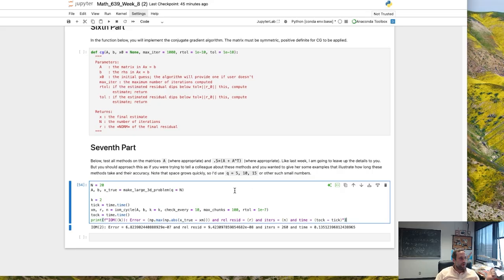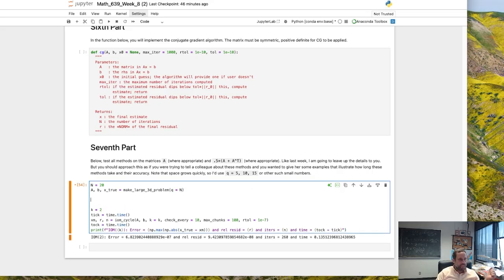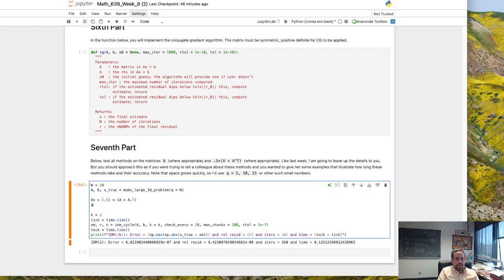All right, so now what I want to do is test the FOM symmetric algorithm. So I'm going to make AS, that stands for symmetric, and it's going to be 0.5 times A plus A transpose, and then BS is going to be equal to AS times X true. Whoops.